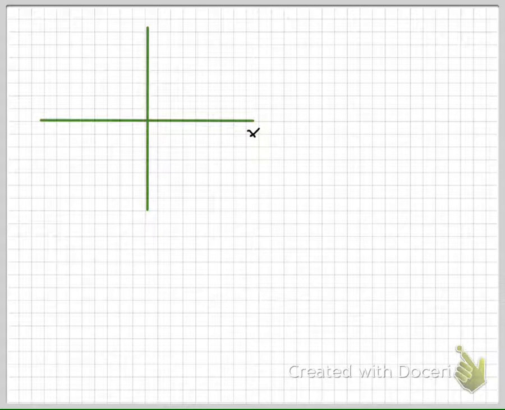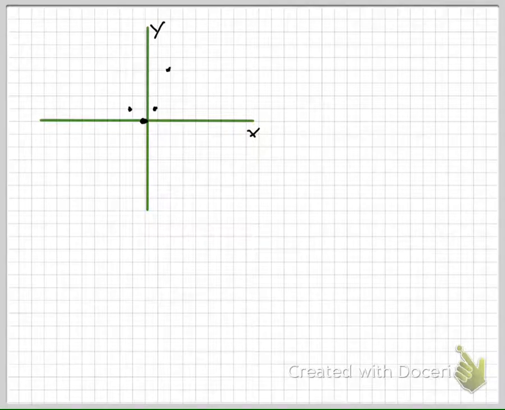Let me draw an example parabola for you. So just like we did with our linear equations, you have an xy axis. X is horizontal, y is vertical. And let's just say I have a graph with a point here, a point here and there.